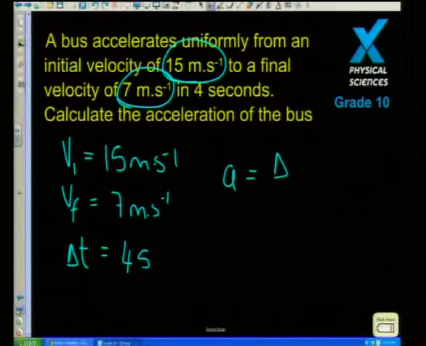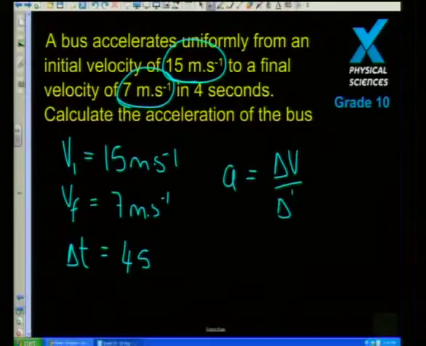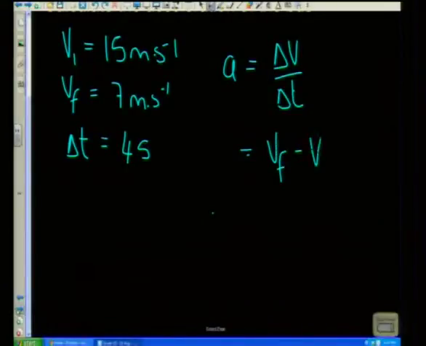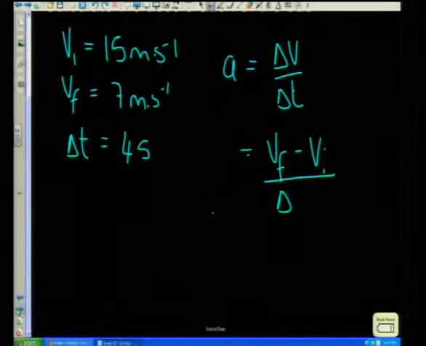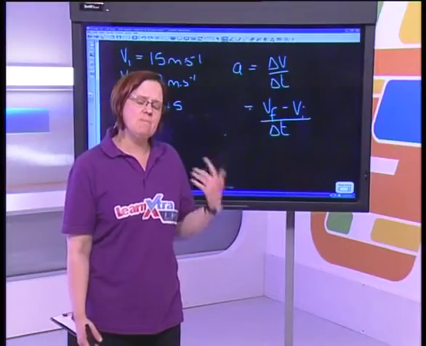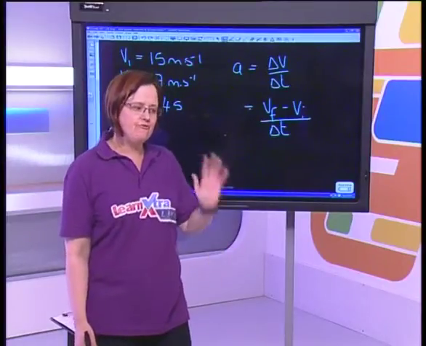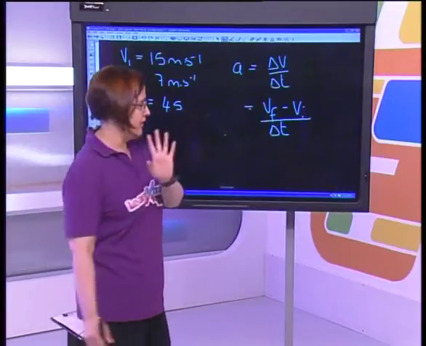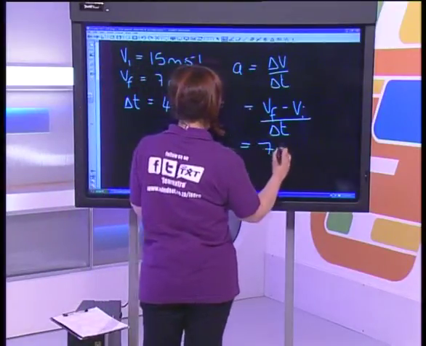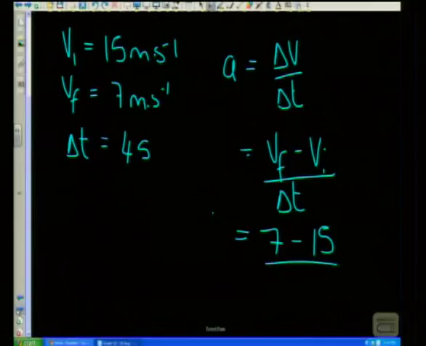Acceleration is delta v over delta t. Let's write it vf minus vi, over delta t. Now, grade 10s, some of your teachers might not insist on writing this, but I think it's a very good habit, just because it reminds you that we've got to go final minus initial. Very important. So my final was 7. My initial was 15.